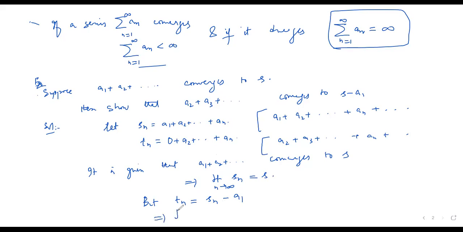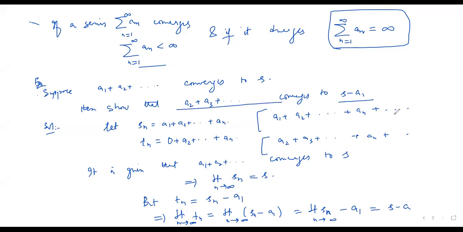So this implies that limit n approaches infinity, Tn is the same thing as limit n approaches infinity, Sn minus a1, that is equal to limit Sn, n approaches to infinity. n के साथ a1 का कोई कनेक्शन नहीं, तो लिमिट से कोई फर्क नहीं पड़ेगा. So that would be equal to s minus a1, which means that this series must converge to s minus a1.